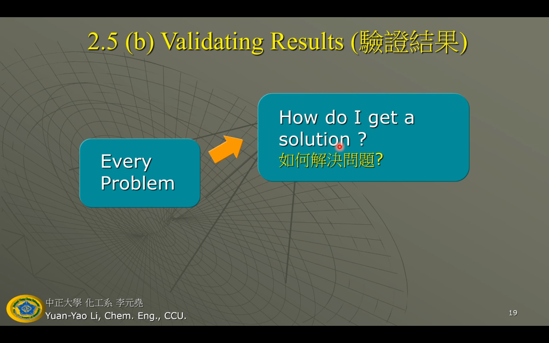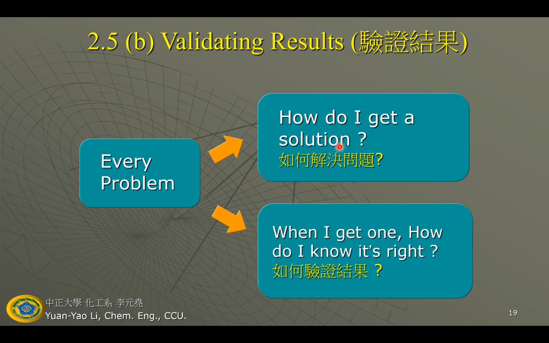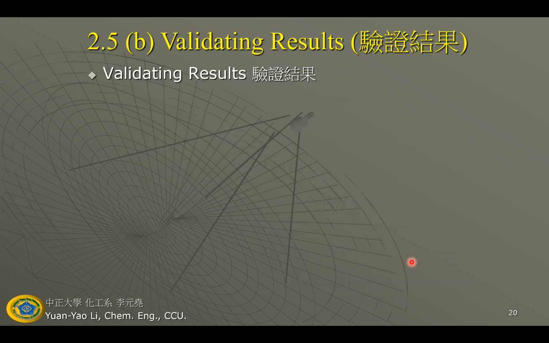In the end, you get an answer, and it might be a number. Once you have a number for your answer, you need to know how to validate the results. When I get one, how do I know it's right? You solve the problem, get the answer, and you need to check whether your answer is right or not.